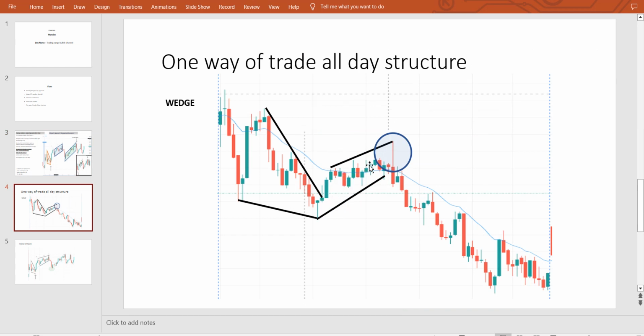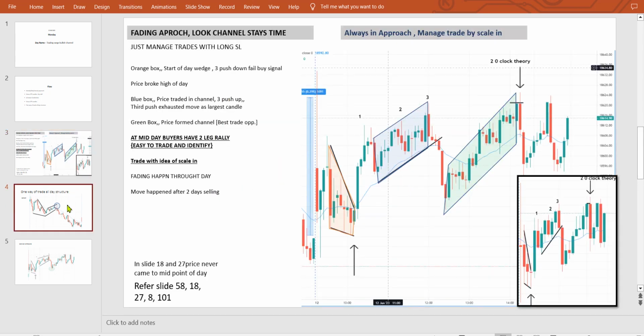What is the structure of the pullback and at what point can we enter, like we entered here. We will take further cases and charts of where this happens, because on 70% of days the pullback happens and price comes to the midpoint, and we trade for a two-legged move.